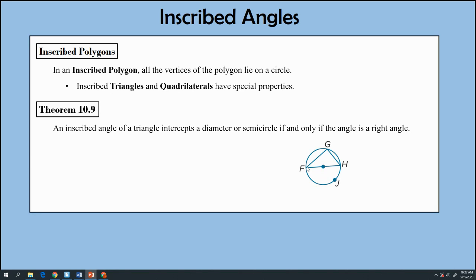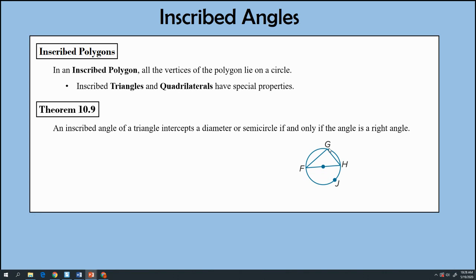Basically, what it's saying here is if you look down at the diagram, point G, well, first of all, let's talk about triangle FHG. That is inscribed because the vertices of the triangle are all points on the circle. And second of all, you notice that angle G is an inscribed angle.